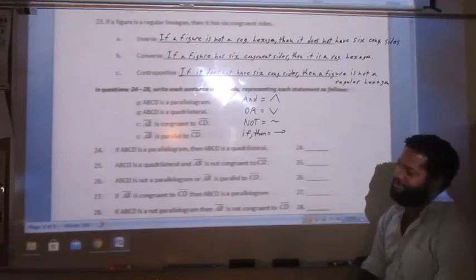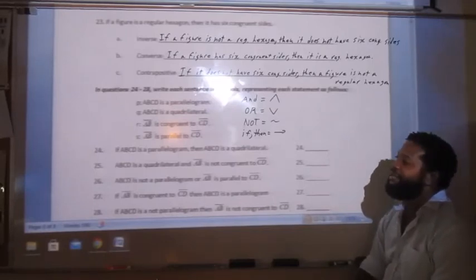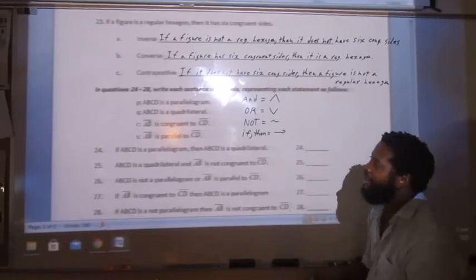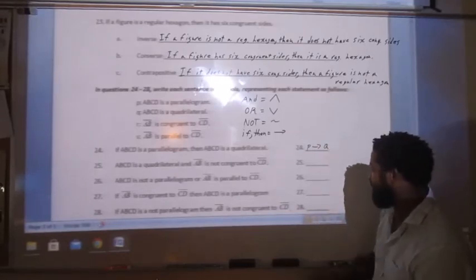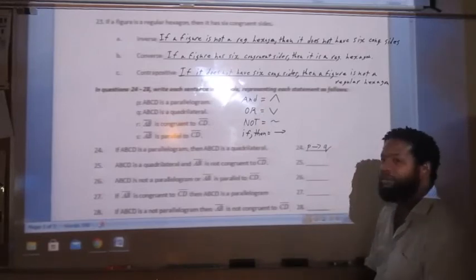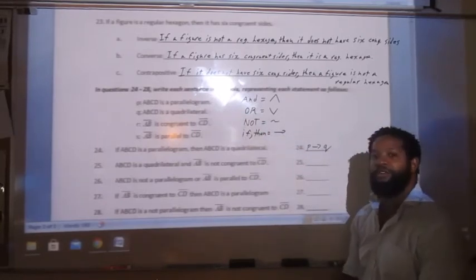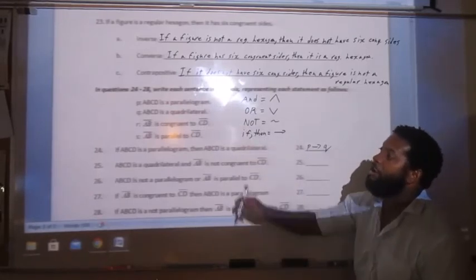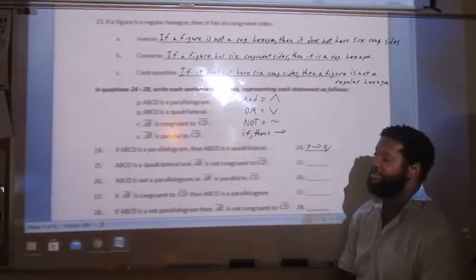Look at this one, 24. If ABCD is a parallelogram, then ABCD is a quadrilateral. It's P arrow Q. P states ABCD is a parallelogram. Q states ABCD is a quadrilateral. R states segment AB is congruent to segment CD.